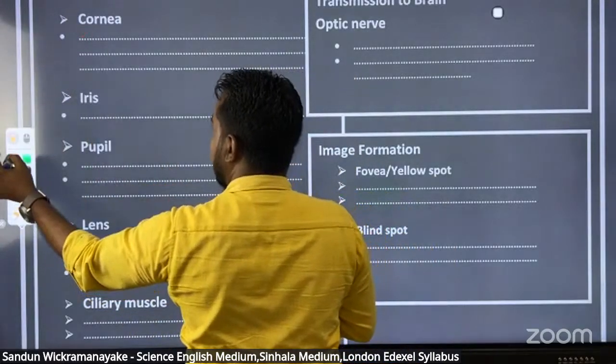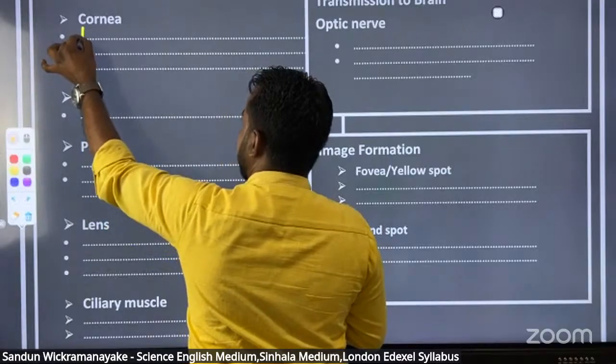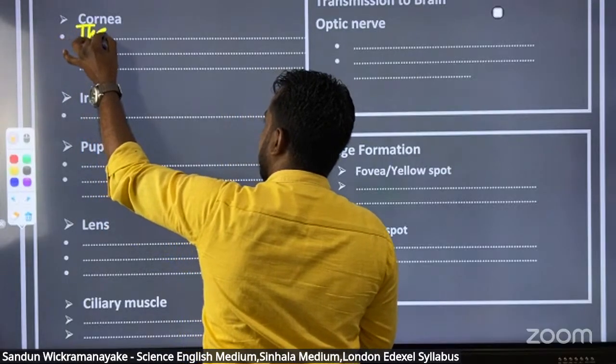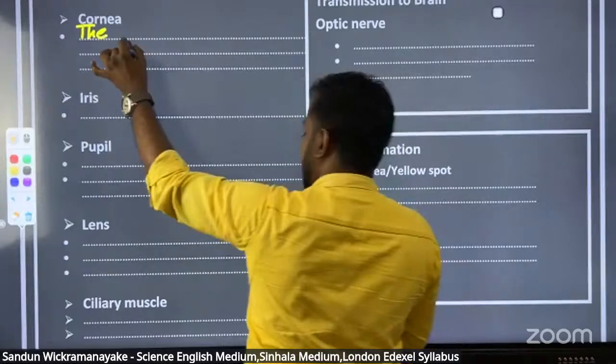You know about it? It is made by the sclerotic layer.